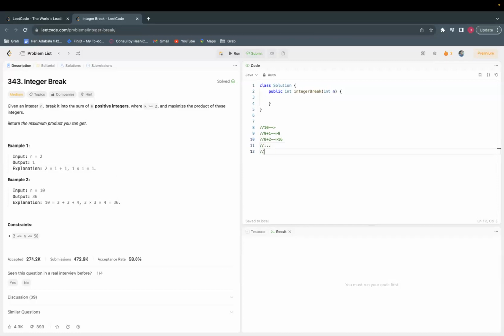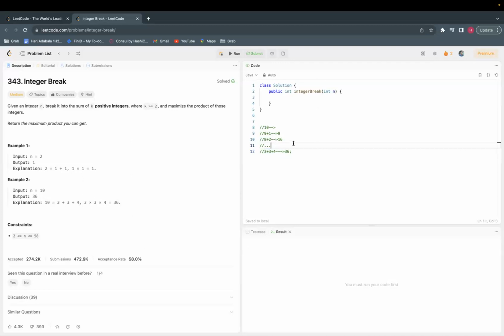The maximum product, as given here, is 3 plus 3 plus 4, which is 36. So now, how can we come to this? Let's see how we can get from 10 to there, how we debug something like this.